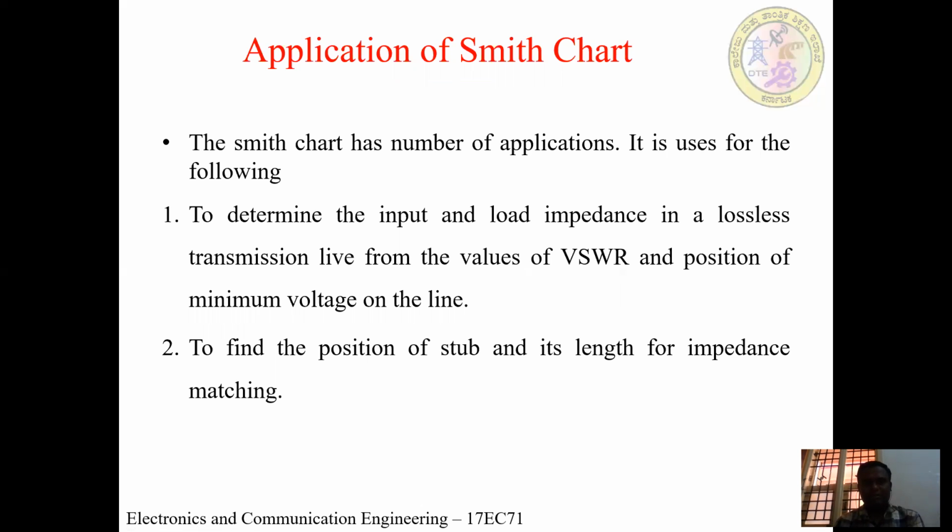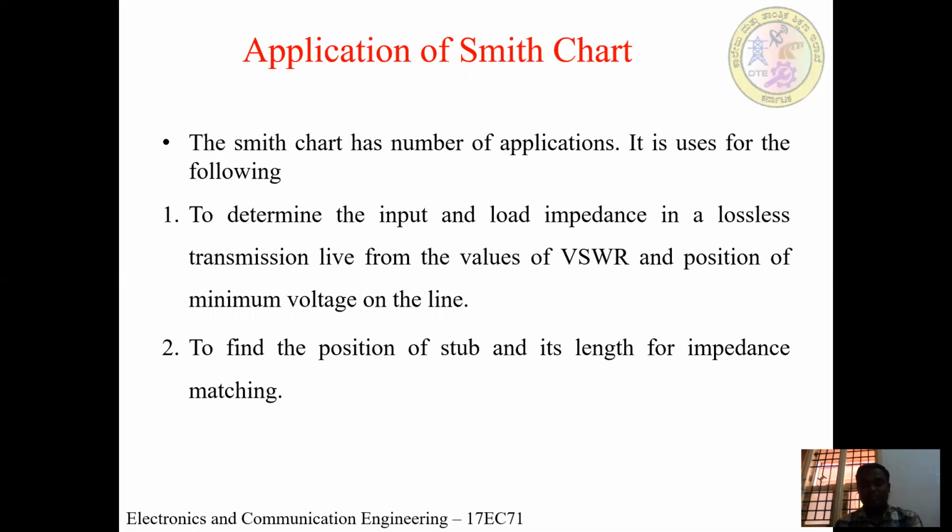Application of the Smith chart. The Smith chart has a number of applications. It is used for the following. As I said, the Smith chart is used to determine the input and load impedance in a lossless transmission line from the value of VSWR and position of minimum voltage on the line. To find the position of the stub and its length for impedance matching. This is a very important application.